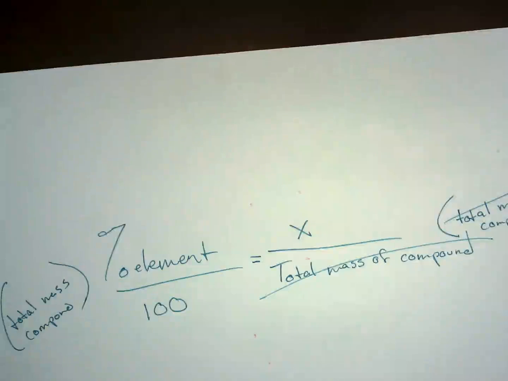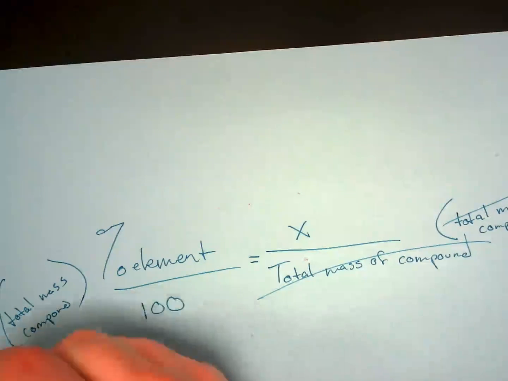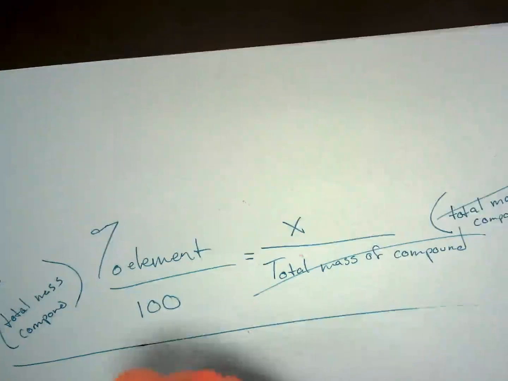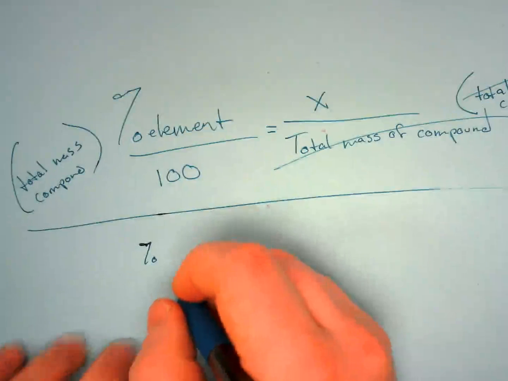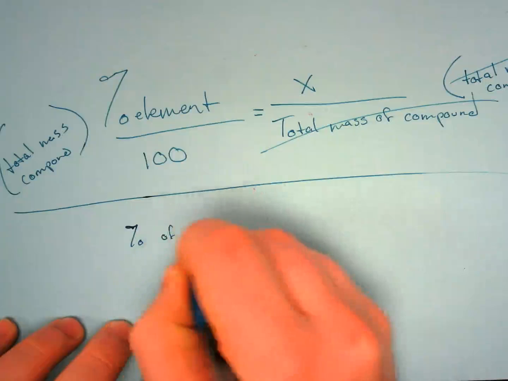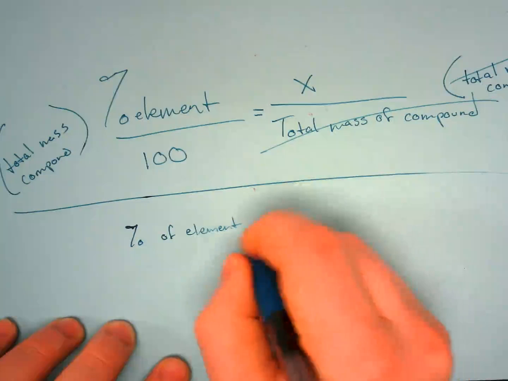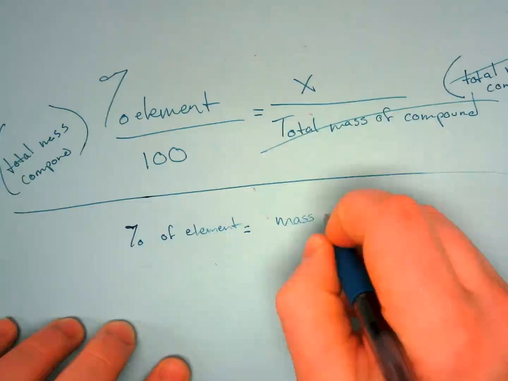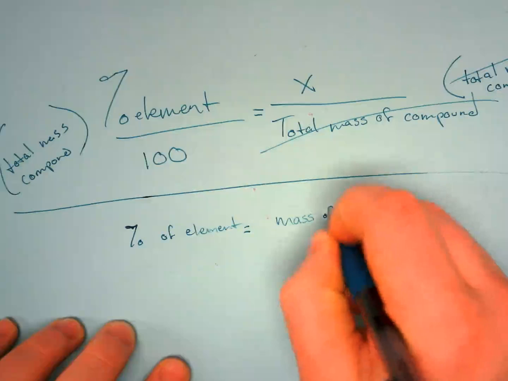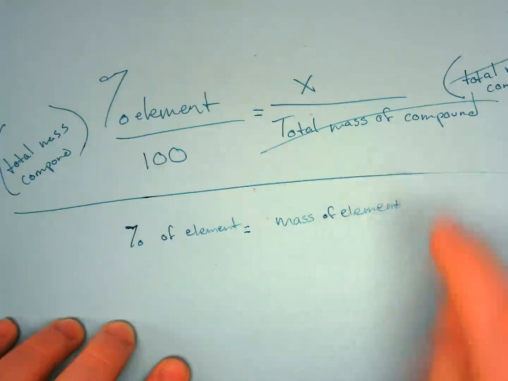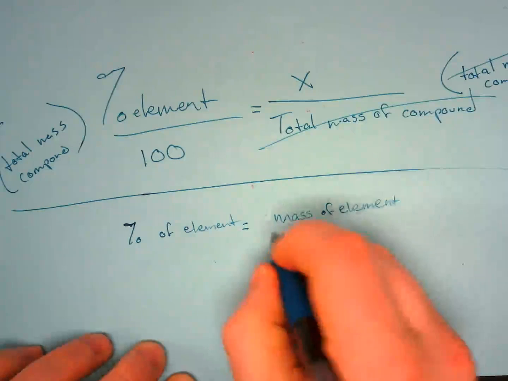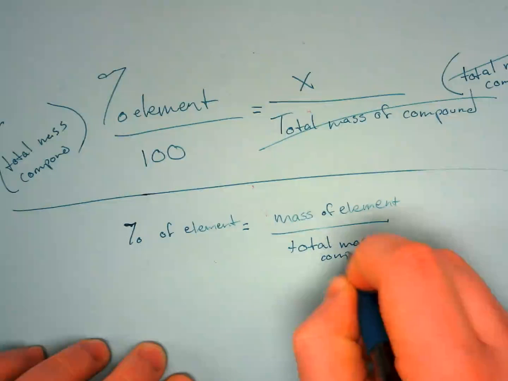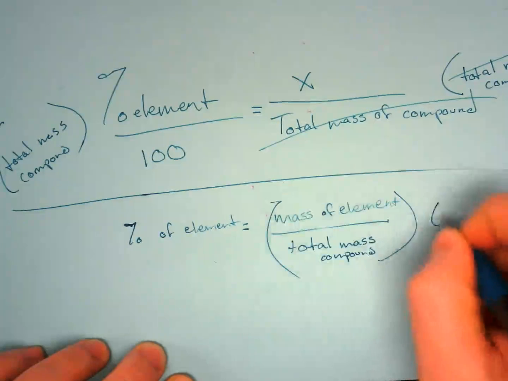Simple algebra. And if your question is still how they even get to that point, well, if the equation is set up where you're trying to find the percent of element, it is equal to the mass of element, which in this case is x, divided by the total mass of compound times 100.